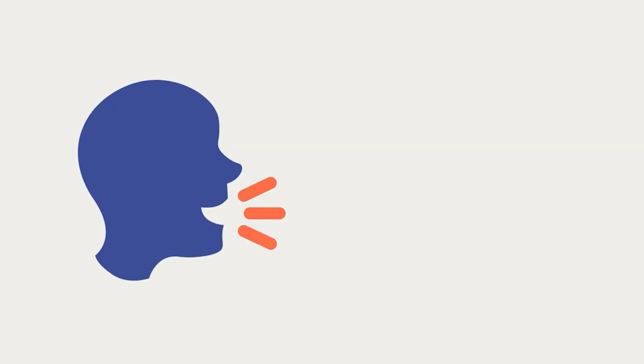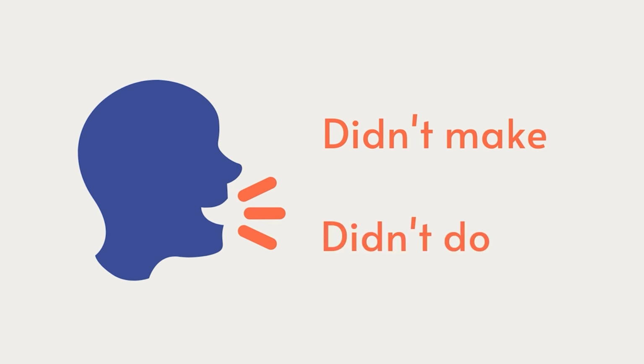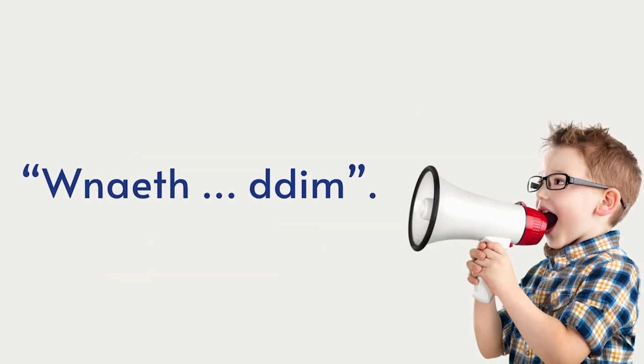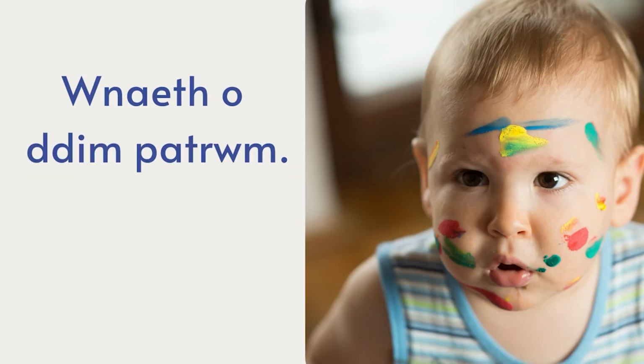To answer by saying what they didn't make or didn't do, use wnaeth ddim. Here are some examples. Wnaeth o ddim patrwm. He didn't make a pattern.